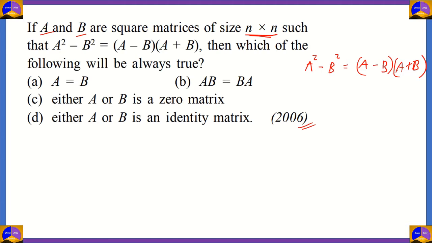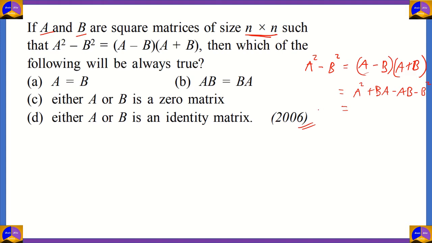Therefore what we can do is multiply the brackets on the right hand side. So A times A gives you A squared, minus, plus B times A gives you BA, minus A times B gives you minus AB, and then minus B times plus B gives you minus B squared.